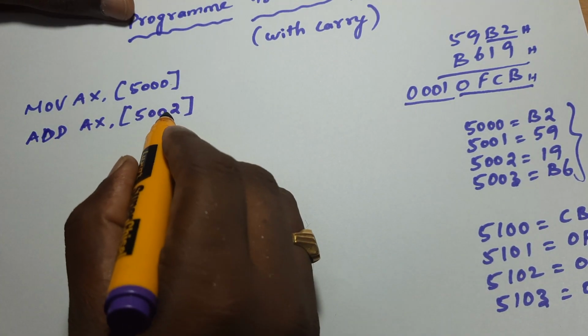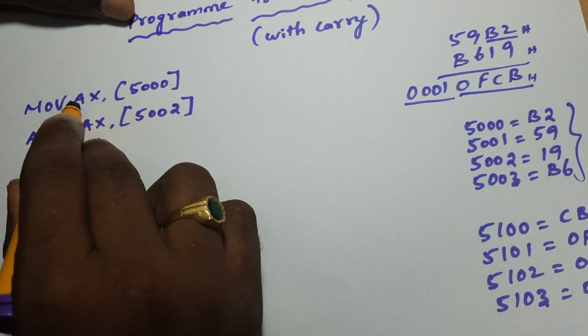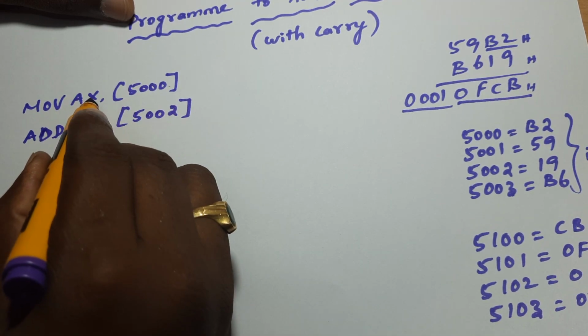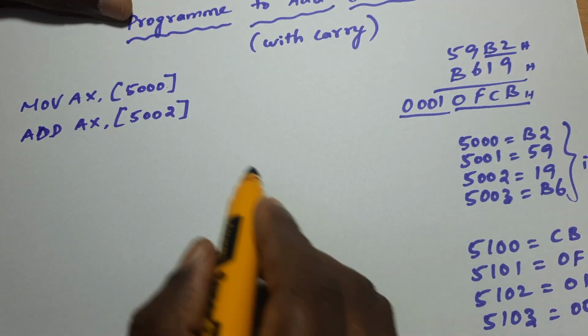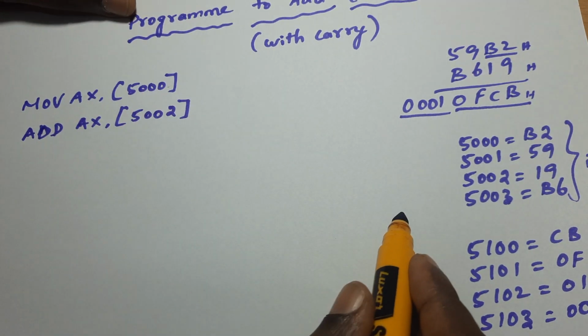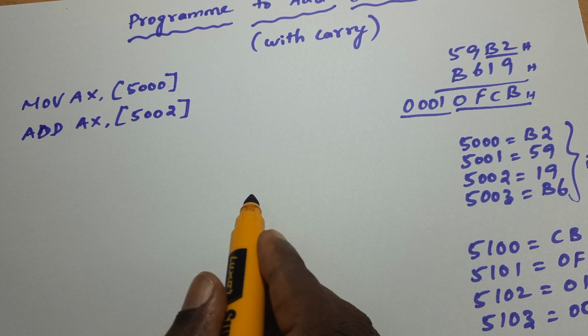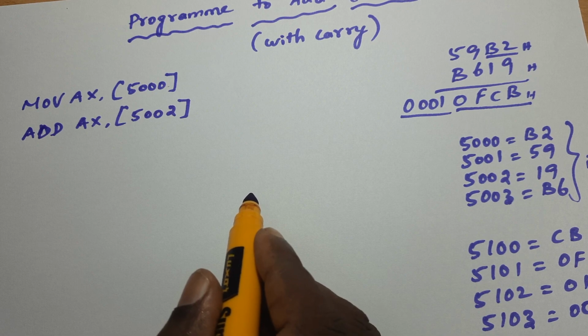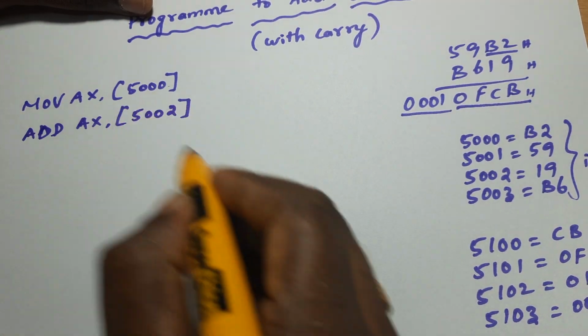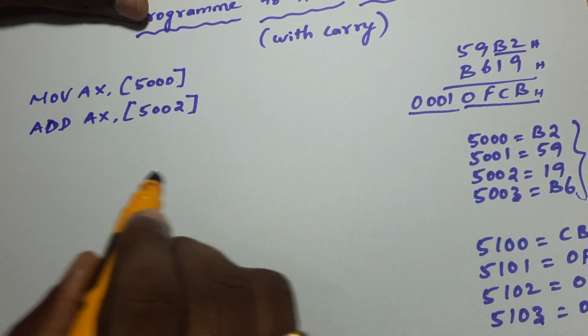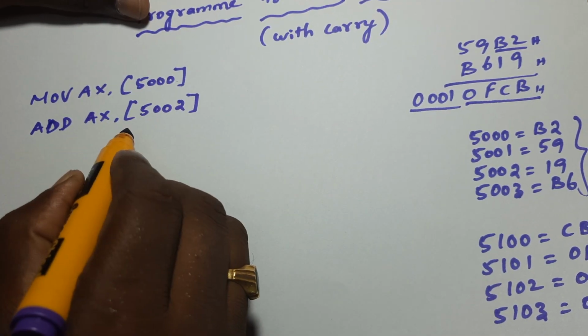I did not mention 5001 because it is already stored in AH. X means a 16-bit register, so automatically the next memory location value is also moved to this. This is how the opcode is made, so we are not mentioning that. This is the format of the instruction, and now we have added these two.